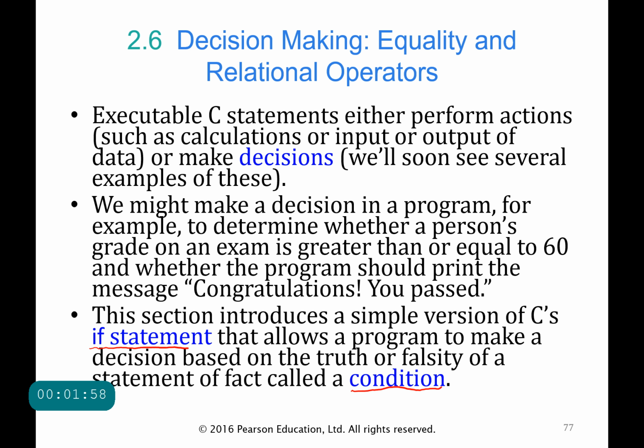And then if the price is above a certain value, it could then sell that product to customers.